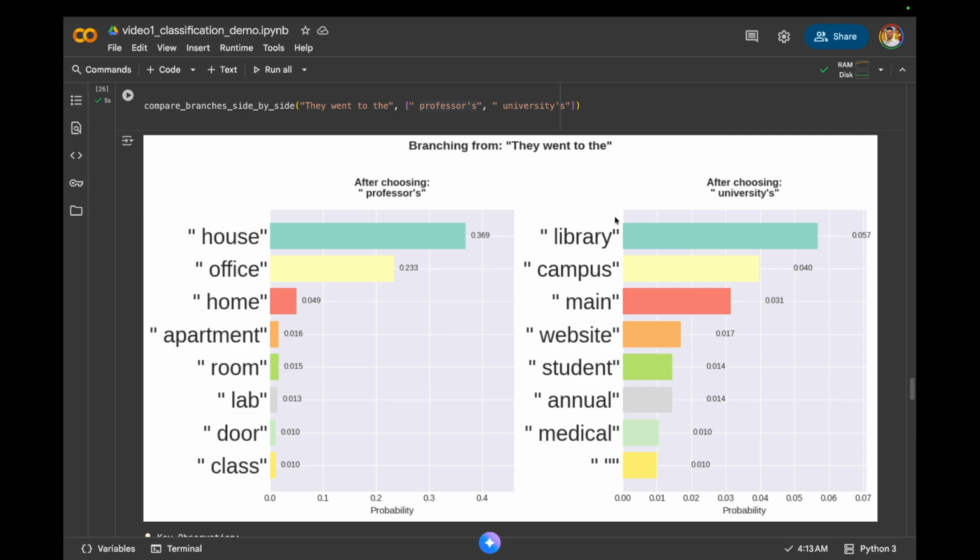And the other example, they went to the university's library, university's campus, university's website. These also make sense in this context. So again, changing a single token at the end of the prompt completely changes the context and hence will change the behavior of the LLM and the output probabilities.